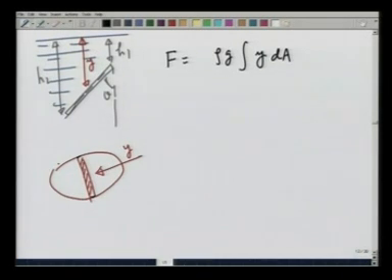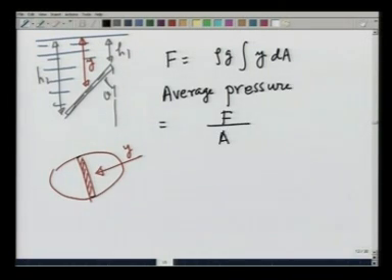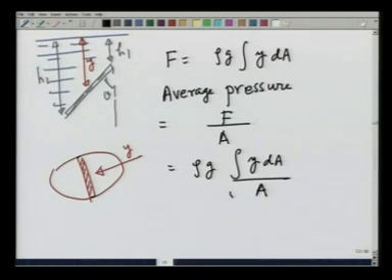And the average pressure is going to be the net force divided by the total area, which is equal to rho g times the integral of y dA divided by the area. But this precisely is the definition of the centroid of the plate. So this is going to be rho g y centroid of the plate. This is P average.